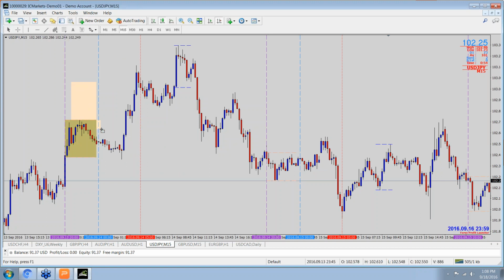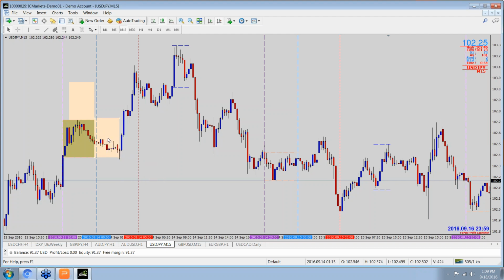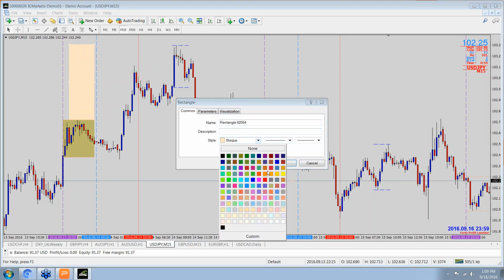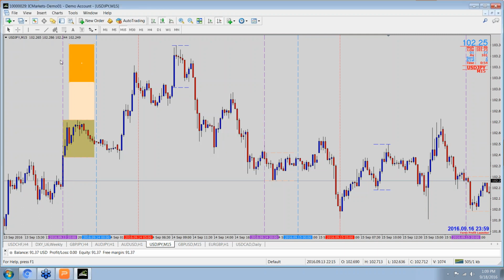Let's do one more here. Okay. So we've got our 1-2 standard deviations, our central bank dealing range, and then we've got our 5 GMT candle.